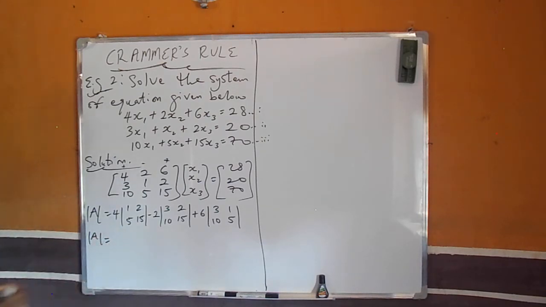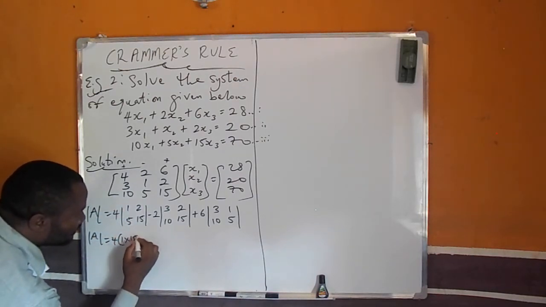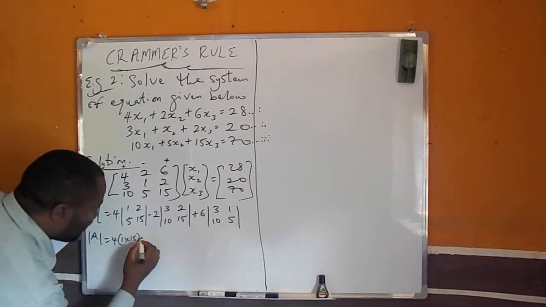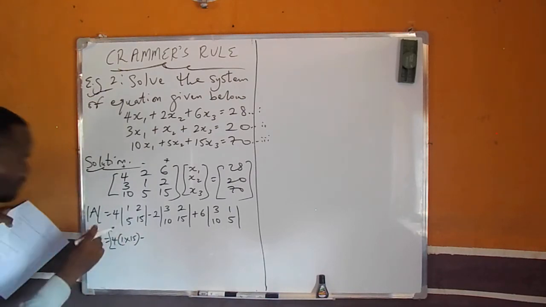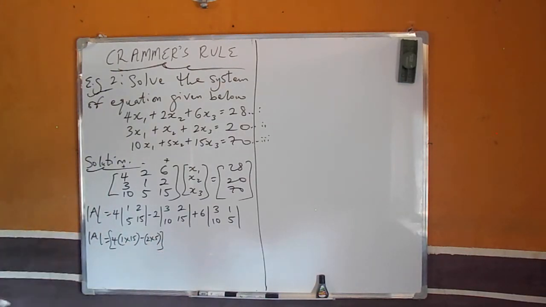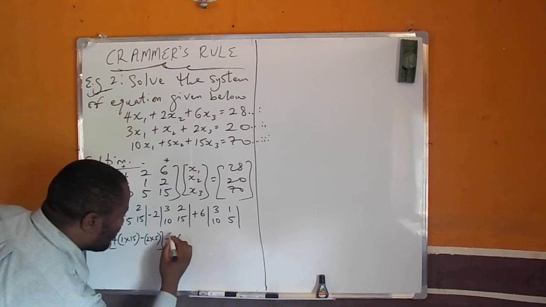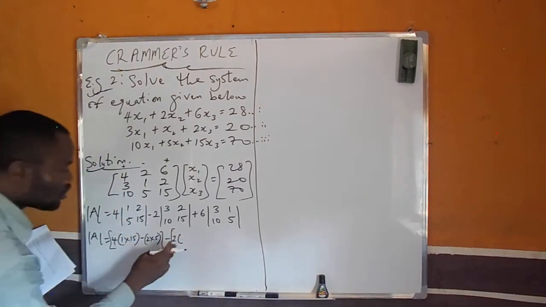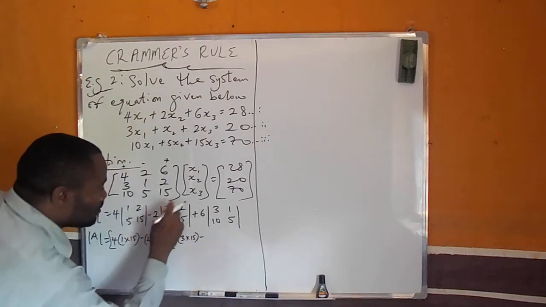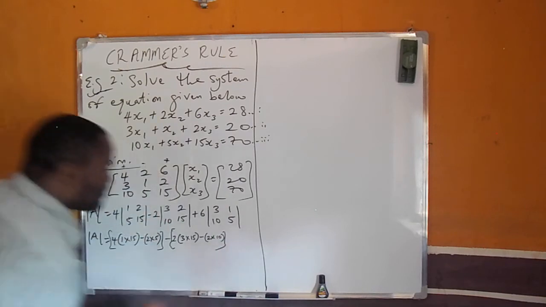The determinant of A equals 4 in bracket 1 times 15 minus 2 times 5, bracket close. Then minus 2 in brackets 3 times 15 minus 2 times 10.